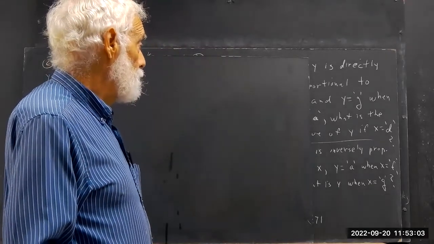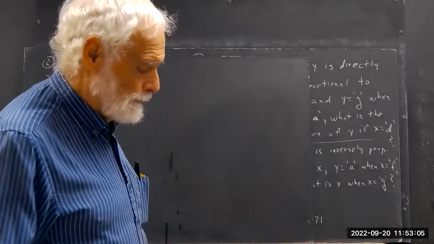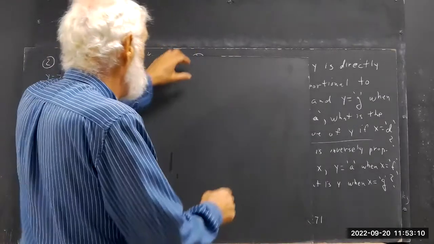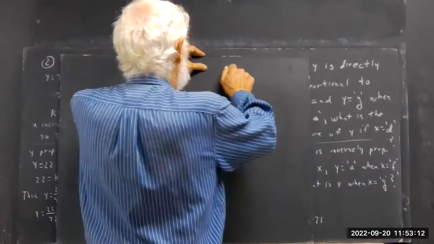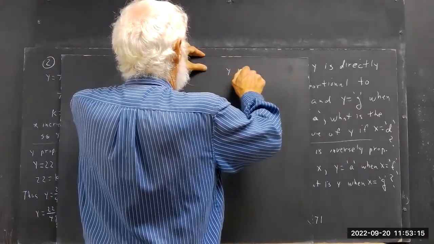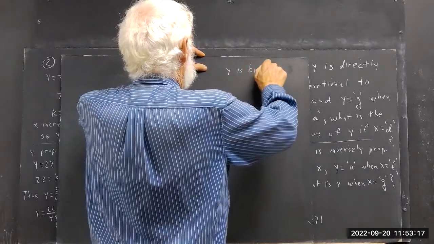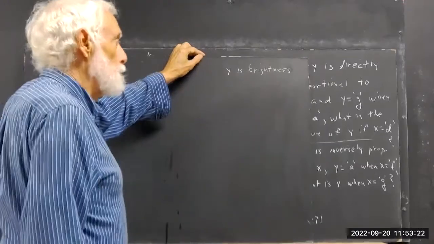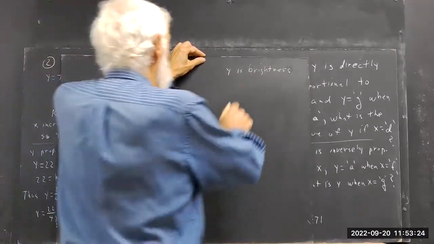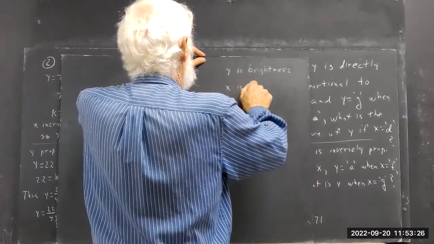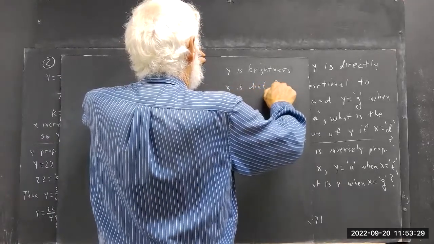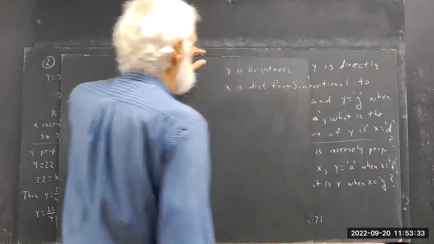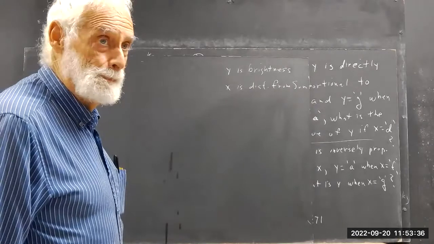So, working it out, we have these proportionalities now. And why is brightness? X is distant from the sun.